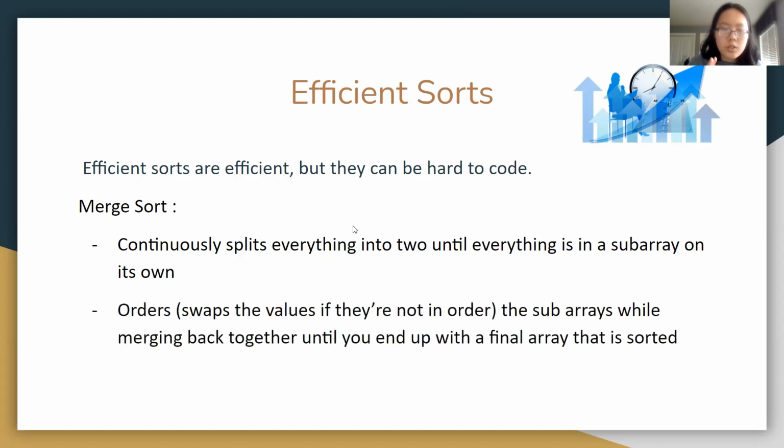Then we order, or swap the values if they're not in order, in the subarrays while we're merging them back together. While merging the subarrays back together, we check to make sure that all of the elements are in their correct placing. If they're not, we swap the 2 and continue to sort until you finally end up with a final array that is completely sorted.